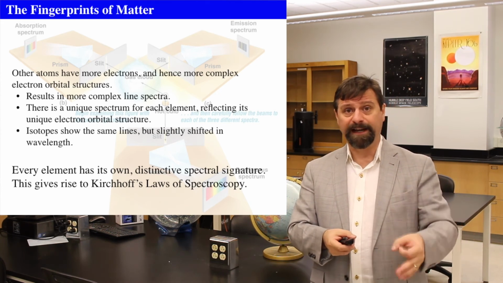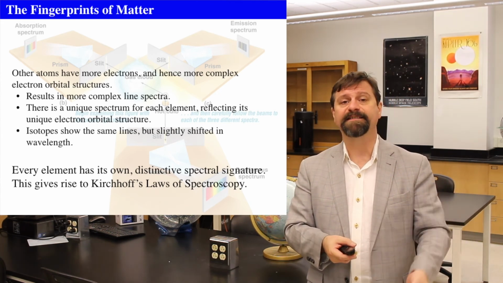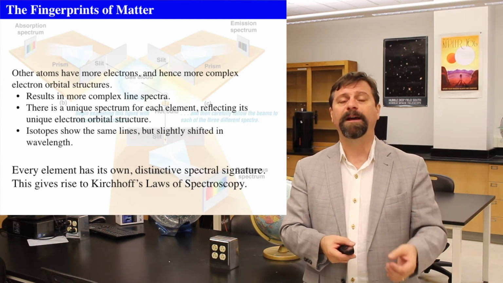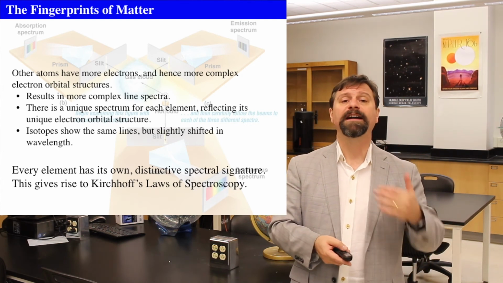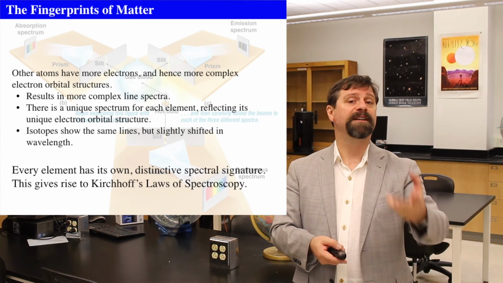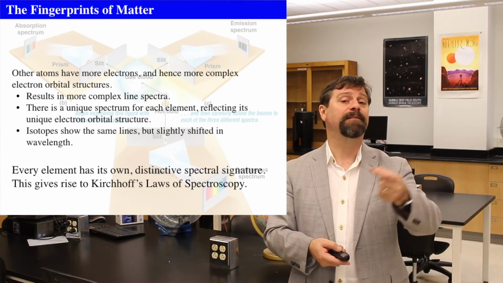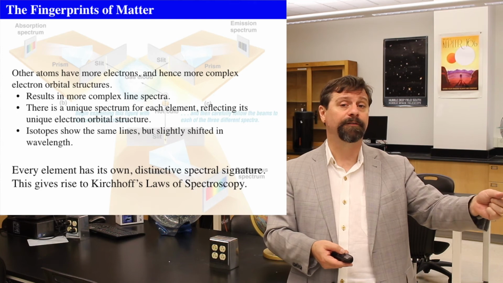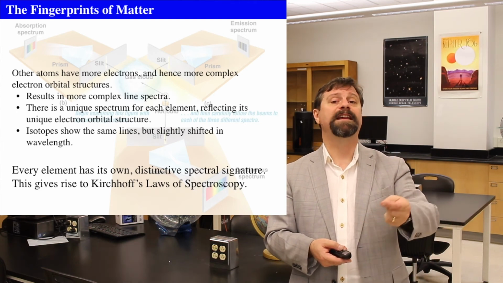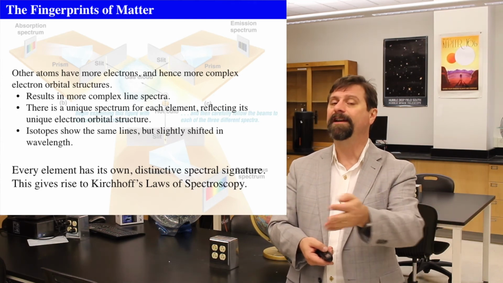So every single chemical element in existence has its own individual spectrum. And those spectra are always the same no matter what, because every hydrogen atom is exactly the same in the entire universe. Every carbon atom is the same in the entire universe. Different isotopes, but they're the same.